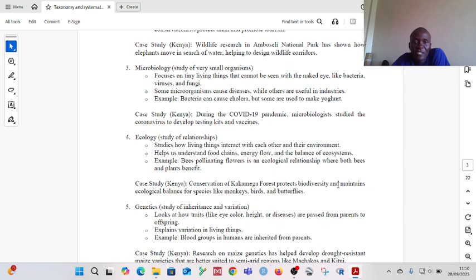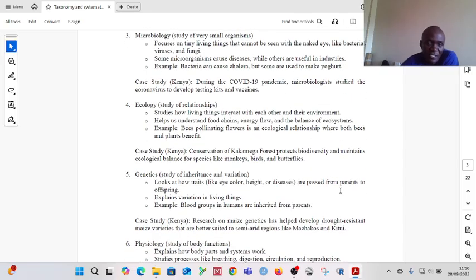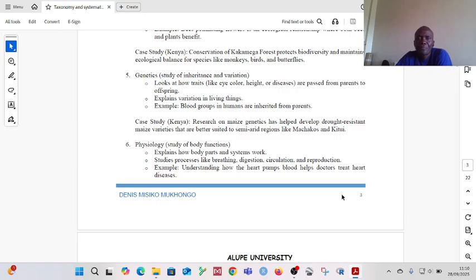In ecology, you are looking at living things interacting with each other and how they interact with their immediate environment. Another vital branch of biology is genetics. Genetics is the study of inheritance and variation. We'll look more into these branches later on.